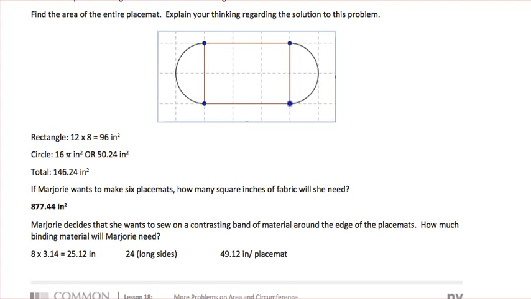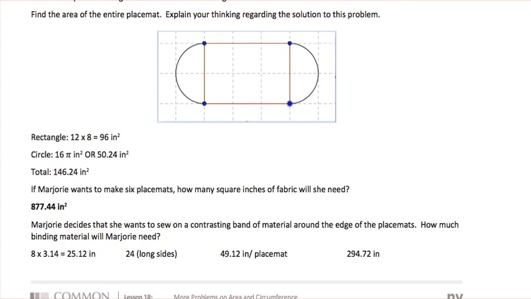And she has 6 placemats that she wants to make, so we'll need to take that and multiply it times 6, and she will need 294.72 inches of binding material.